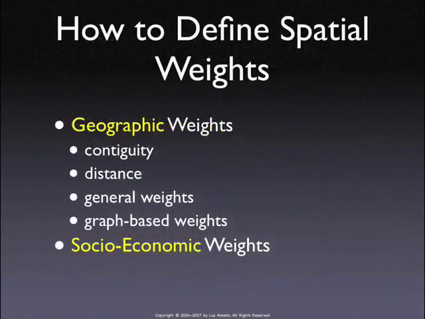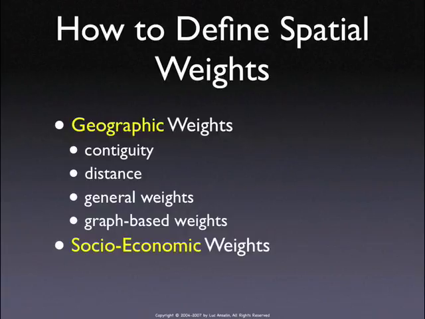As I said, the main thing is that when 2 locations are not neighbors, the weights are 0. When they are neighbors, they are not 0. But what are they? And that's a big problem. They can be any of a number of different things. They can be based on geography. We already saw contiguity, but we can also build weights based on distance bands, or more general complicated weights that are, say, a combination of the length of the common border and how far the centroids are apart between two polygons.